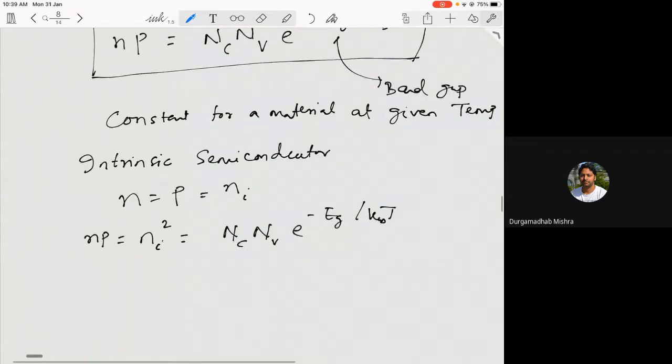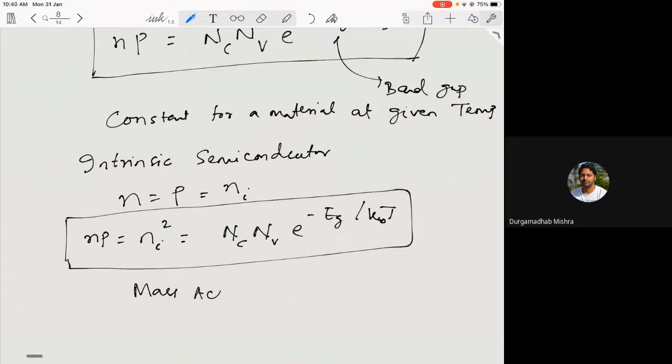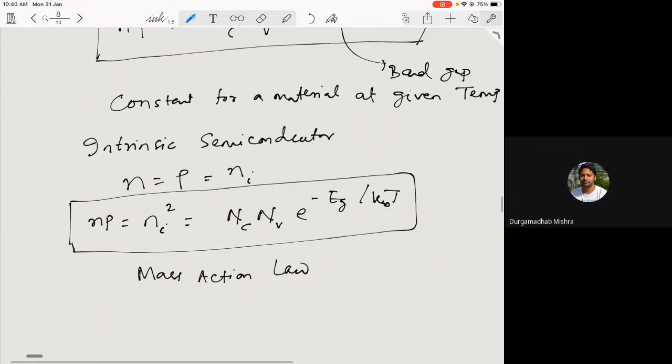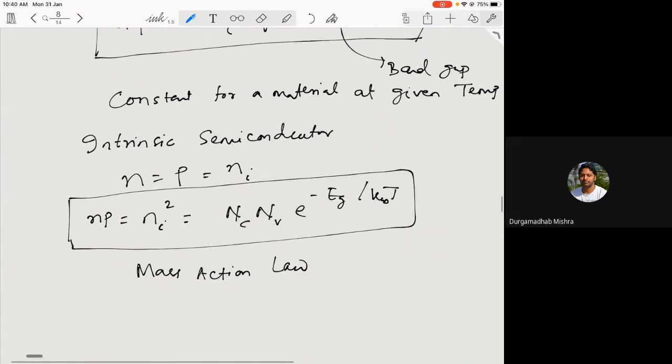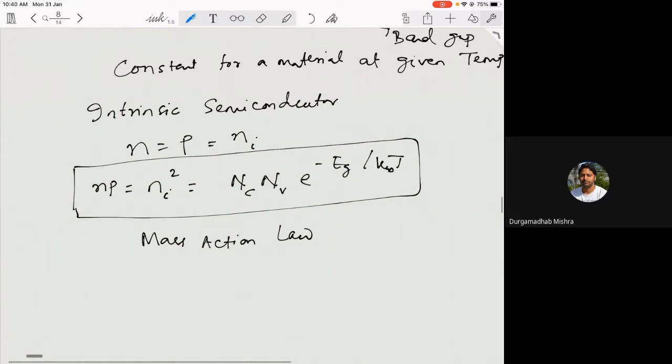This equation is known as the mass action law. That means if you increase the concentration of n, the product must remain constant. So if you increase the number of electrons in the conduction band, eventually the number of holes will also decrease at the same time to keep this value constant.